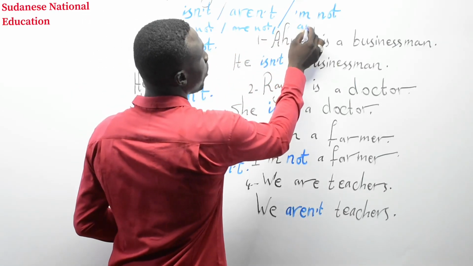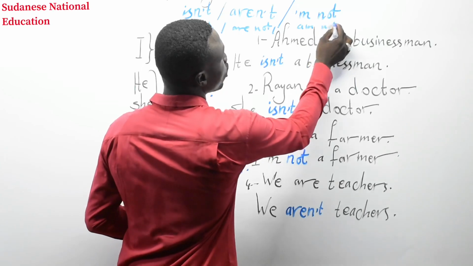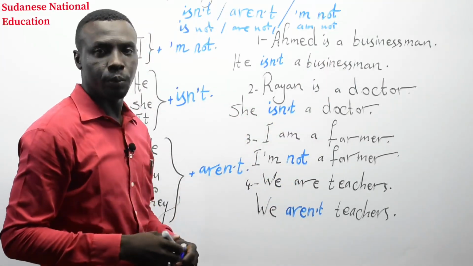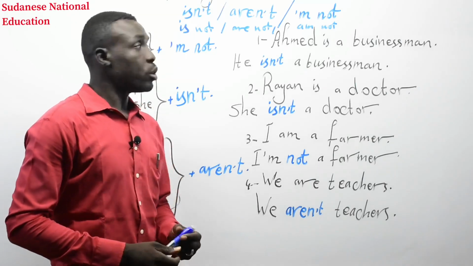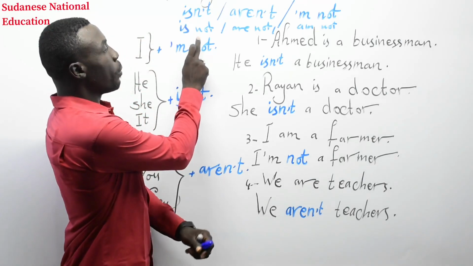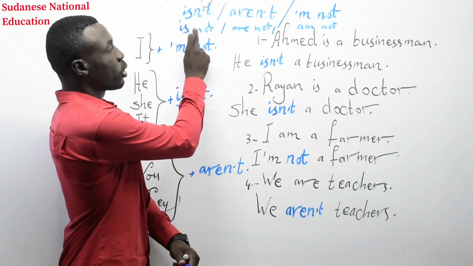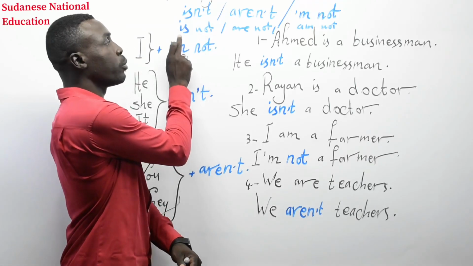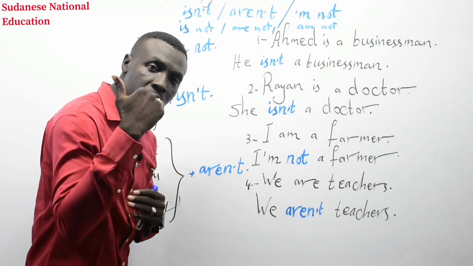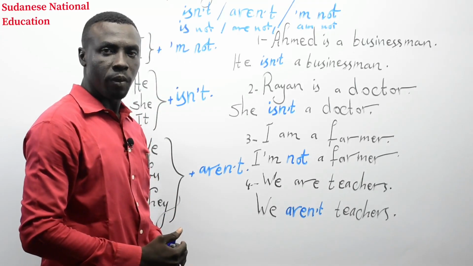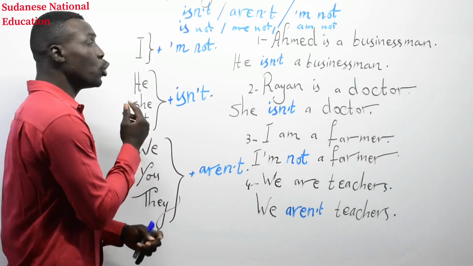Contraction means shorten. So we make the negative by adding not. When you add not after the verb to be, the sentence becomes negative.